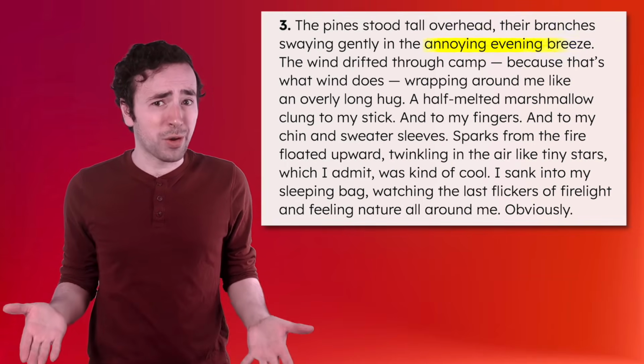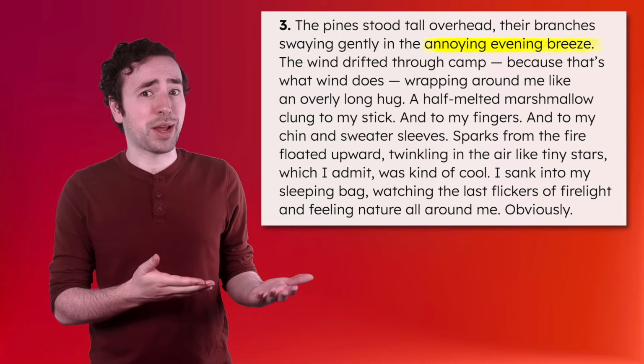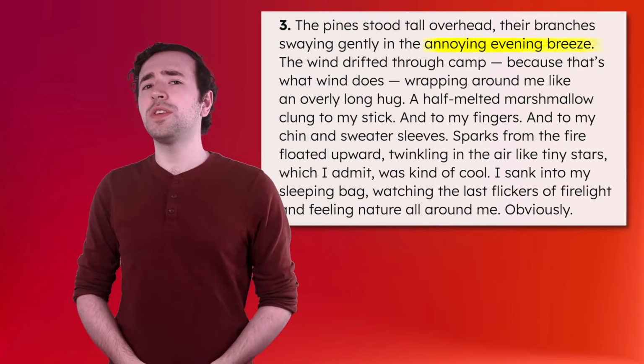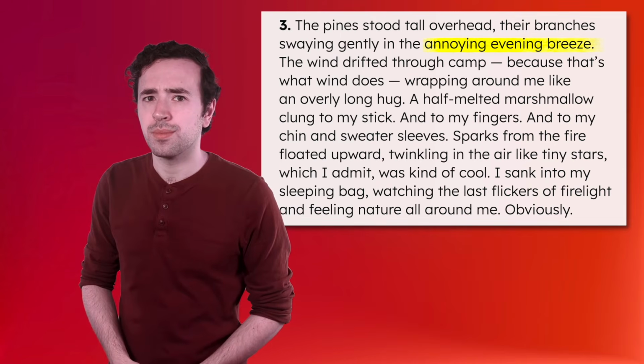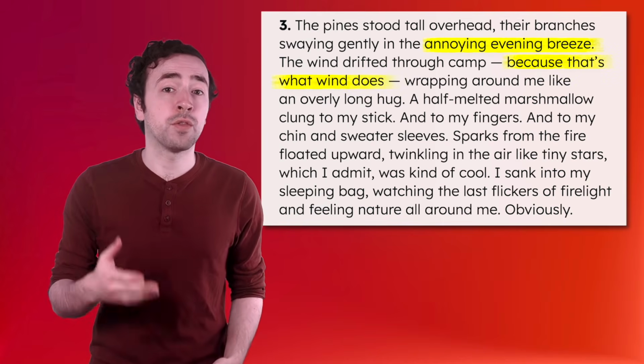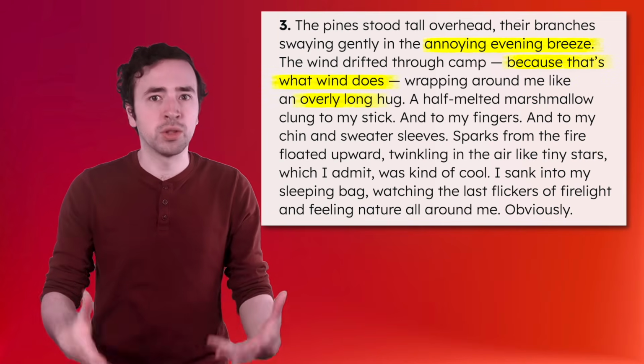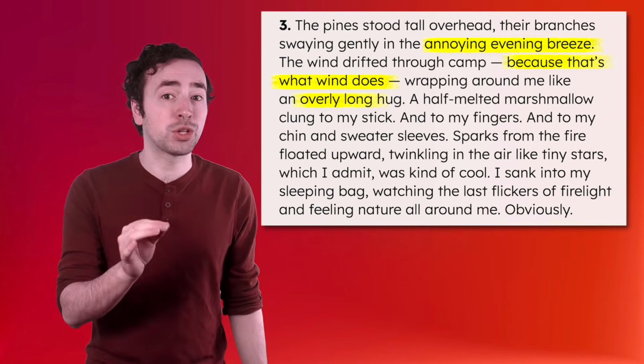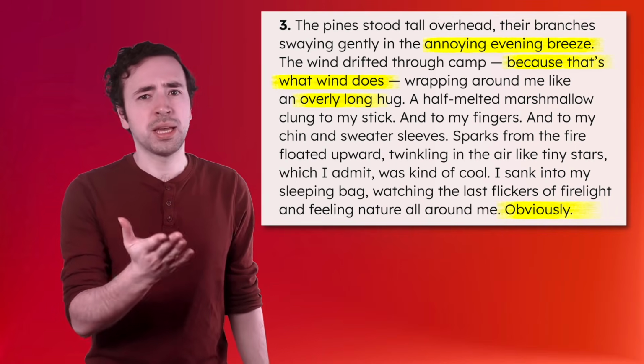Okay, I'd say this tone is mildly irritated, sarcastic, and unimpressed. Can a breeze be annoying? According to this writer, yes. What else reveals the tone? The uninspired observation of the wind, the overly long hug, and the one-word conclusion, obviously, makes it clear.